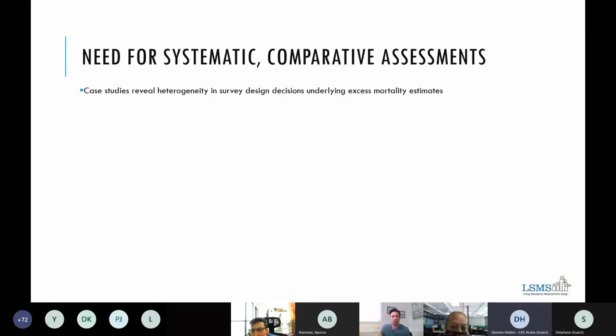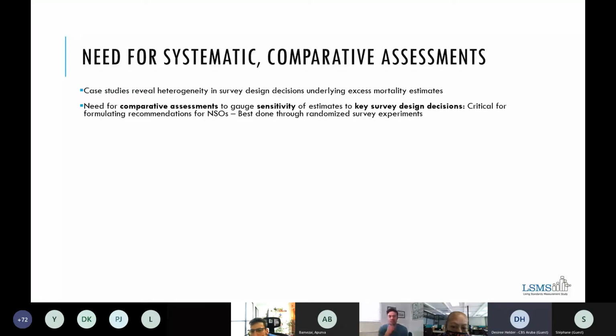So in view of this heterogeneity, I'm calling for comparative assessments that would help us gauge the sensitivity of estimates to key survey design decisions.